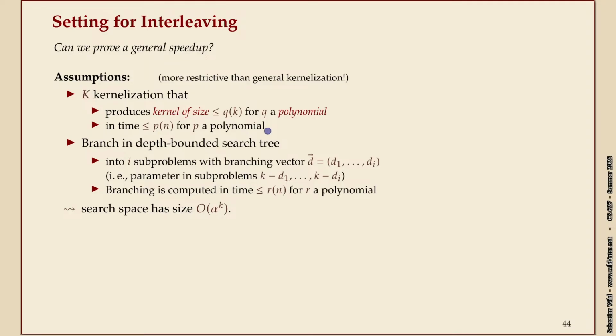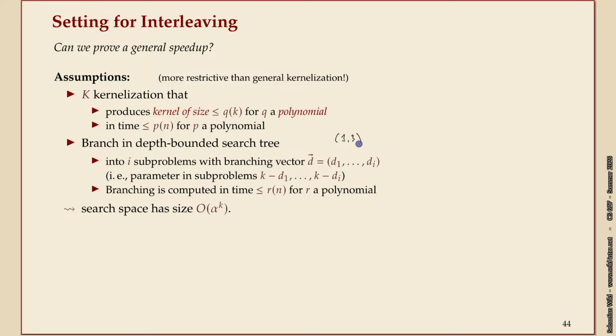That's standard. And suppose we have a depth-bounded search tree algorithm where we somehow split the input into subproblems with some branching vector. So whatever that looks like. In our vertex cover example, this was 1 and 3. You'll see in the next exercises some more fancy versions of that.